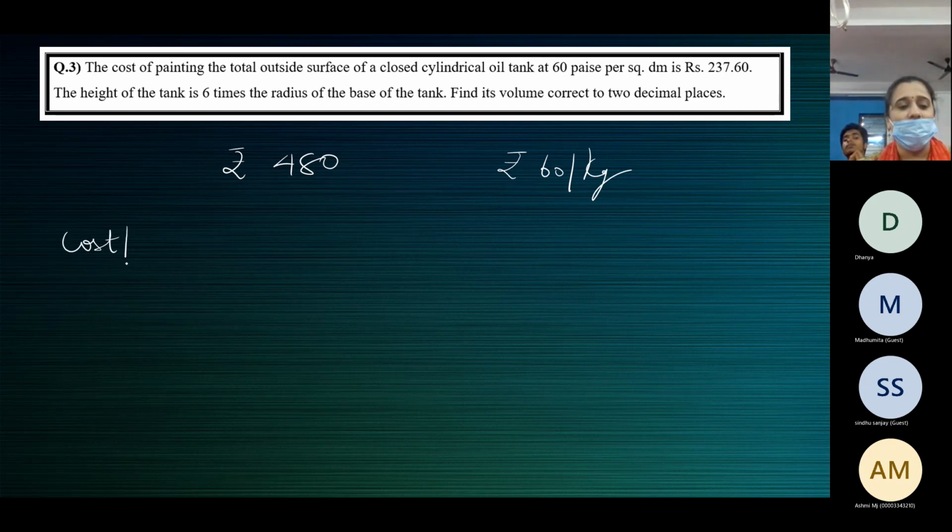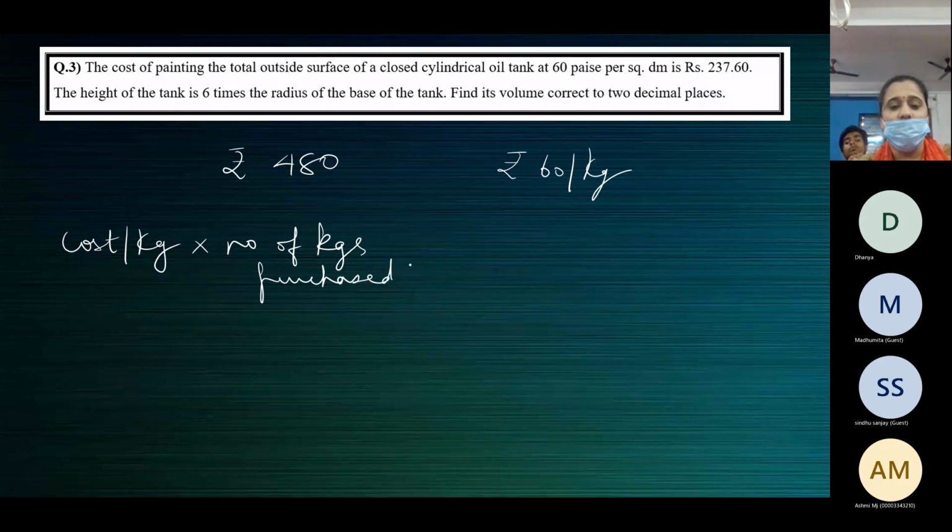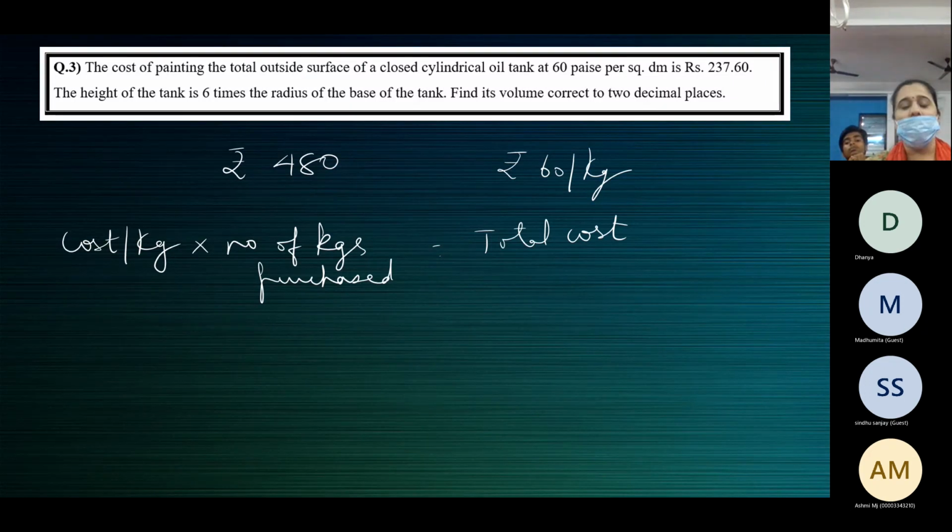Cost per kg into the number of kgs purchased is equal to the total cost. How will you find the total cost? The fruit seller says 60 rupees per kg. Then you decide how many members are there in your family, or maybe you're getting guests, so you decide to buy 8 kgs, right?